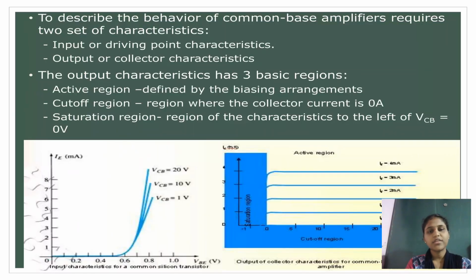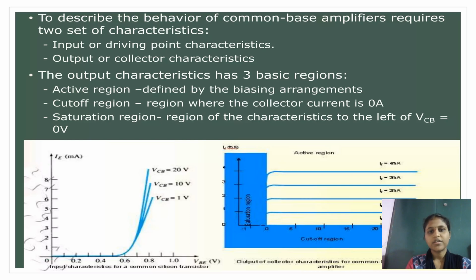To describe the behavior of common base amplifiers requires two sets of characteristics: input or driving point characteristics and output or collector characteristics. The output characteristics has three basic regions. Active region is defined by the biasing arrangements.